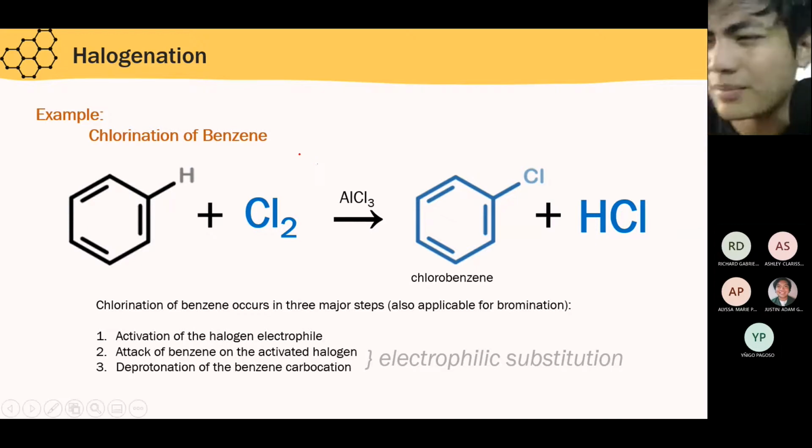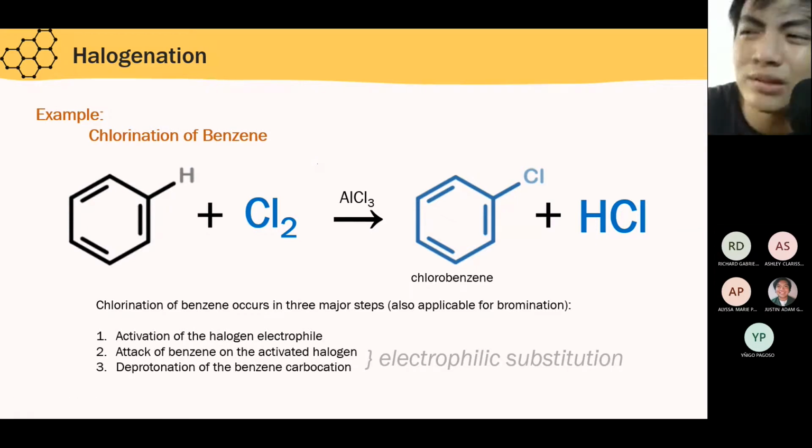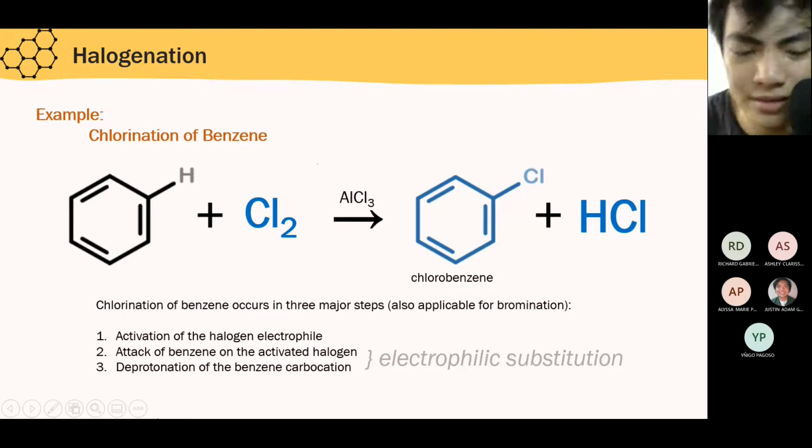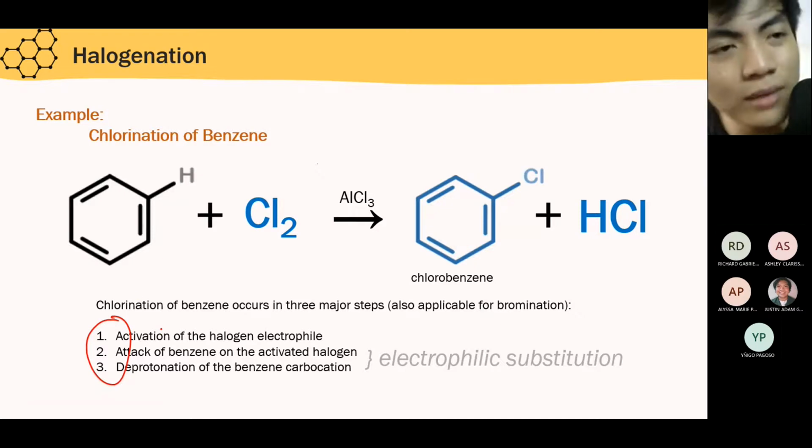Okay? So, ganun lang kasimple. So, the chlorination happens, or any halogenation happens via 3 processes. Although may mechanism dito, pero hindi ko na isasama to sa exam. Okay? Hindi ko na siya isasama sa quiz or sa finals. Pero merong mechanism. Pero sabi ko nga, medyo complicated siya.